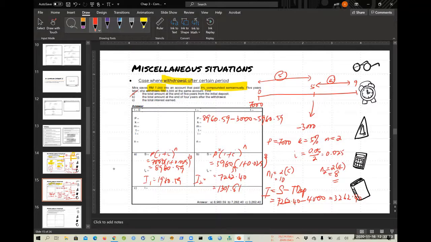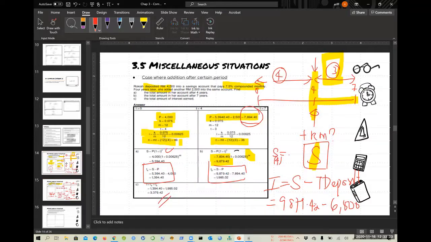Okay, so in this case, the total deposit has been reduced because you have the withdrawal. Here the total deposit is reduced from the original one. The original 7,000 becomes only 4,000 because we took out 3,000. Compared to the previous one, the total deposit increased because we started with 4,000 and then added another 2,500.